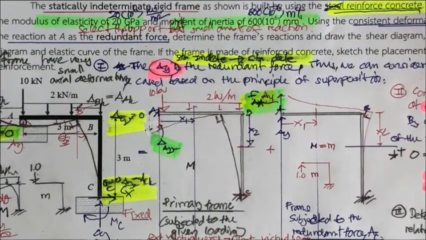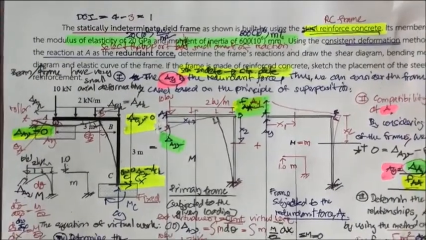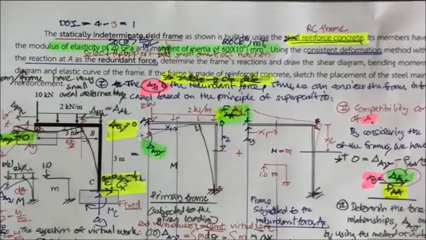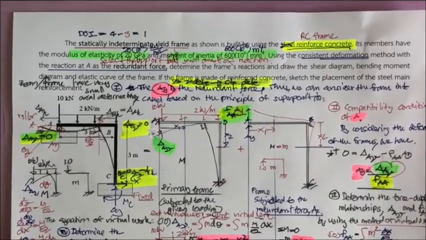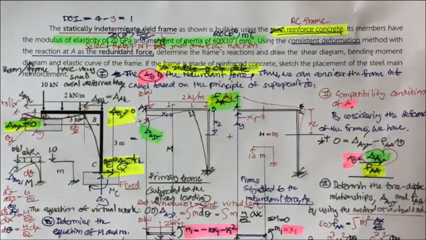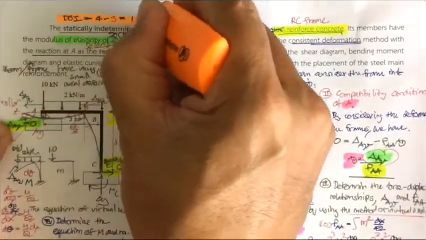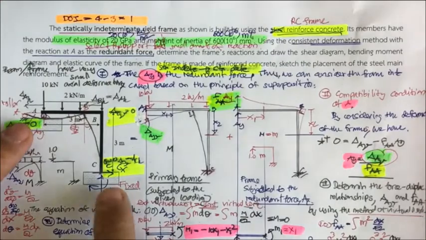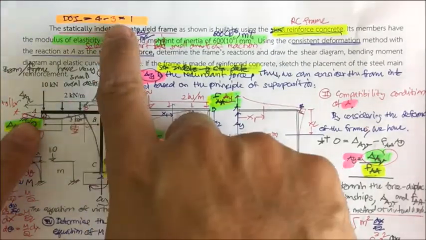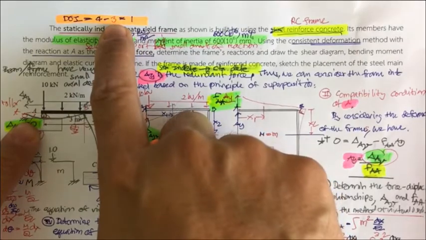We start this problem by considering this frame that's going to have the degree of indeterminacy equal to 1, by checking the degree of indeterminacy for unknown reactions with respect to the number of equations of equilibrium.